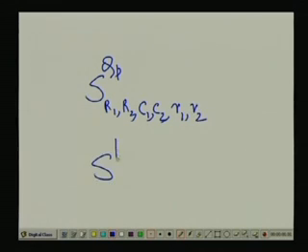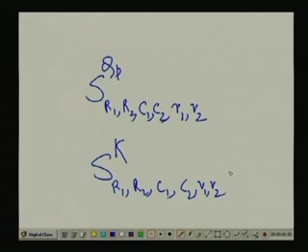Also Sk, the gain constant, with respect to R1, R2, C1, C2, small r1, small r2. SQP with respect to R1 may not be the same as SQP with respect to R2. In the case of pole frequency, it is the same because all are in the denominator under the square root, but this may not be the same, right.